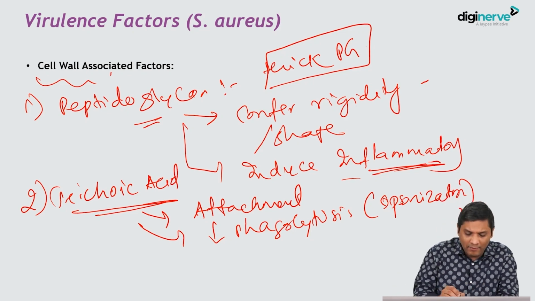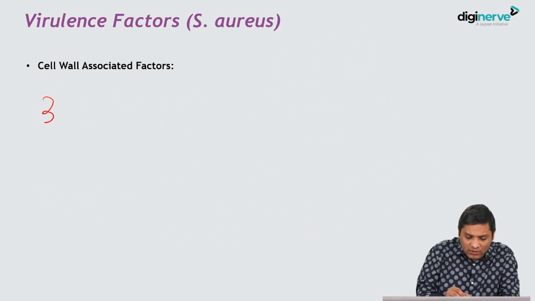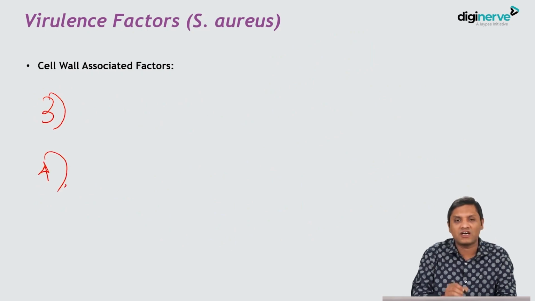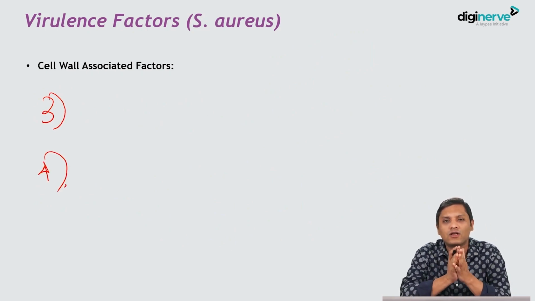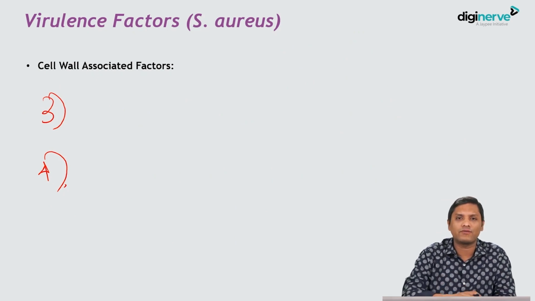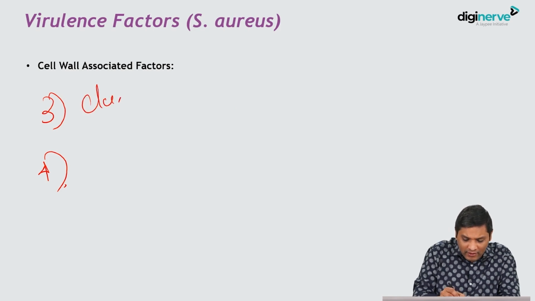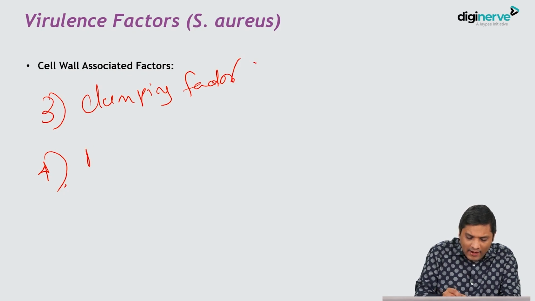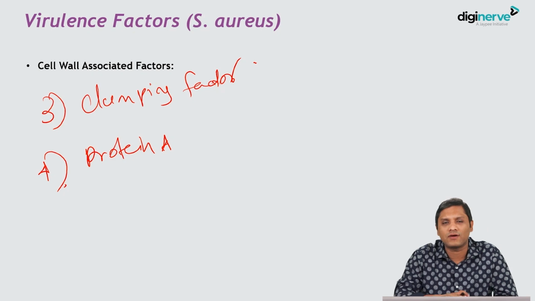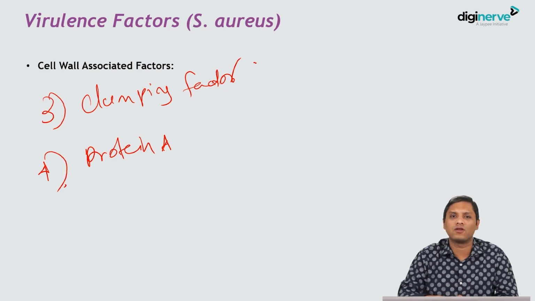Apart from that, there are two important components which are exclusive features of only the Staphylococcus aureus cell wall. The first two we discussed, teichoic acid and peptidoglycan, are exclusive for all gram positive organisms, whereas the clumping factor and protein A, these two are components of the Staphylococcus aureus cell wall.